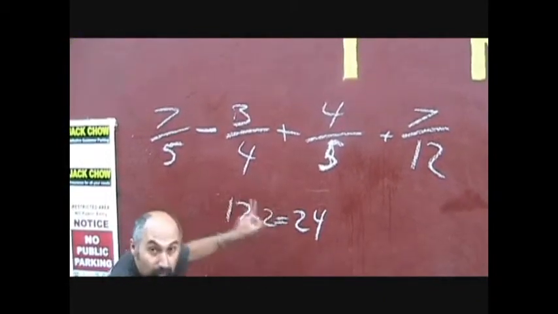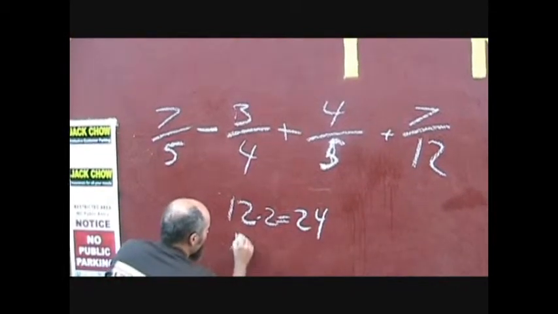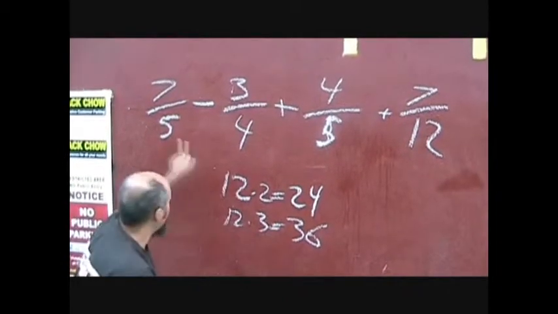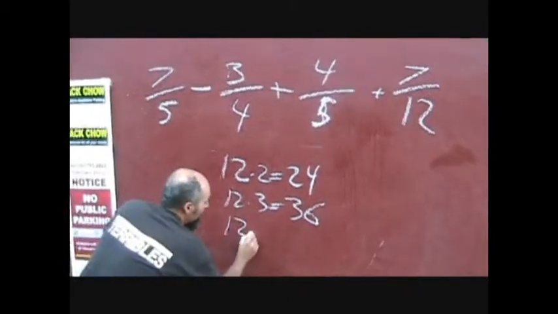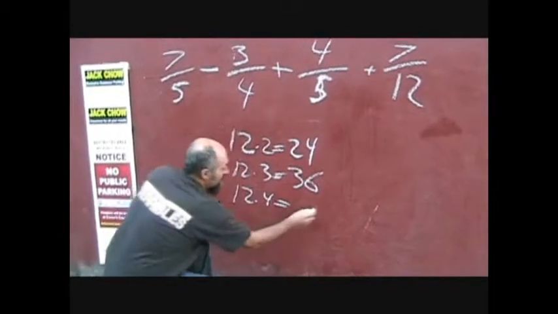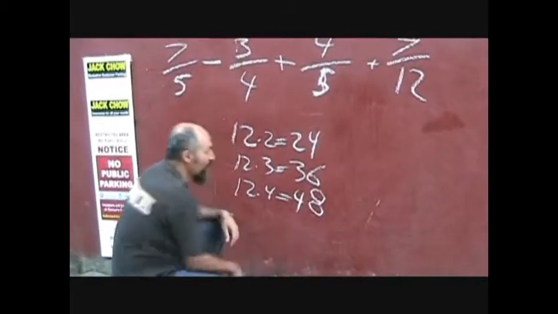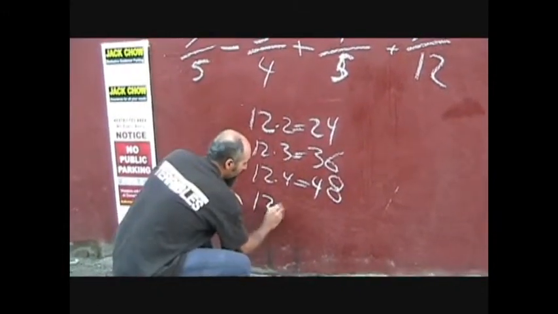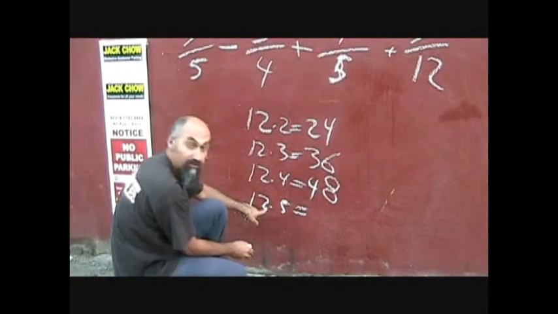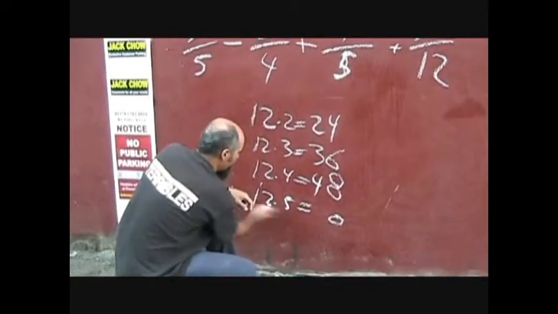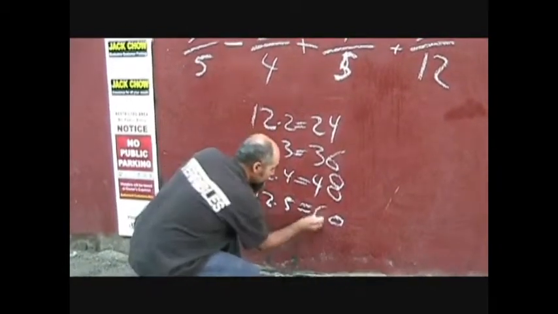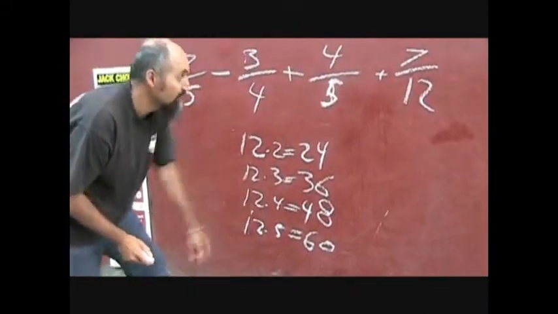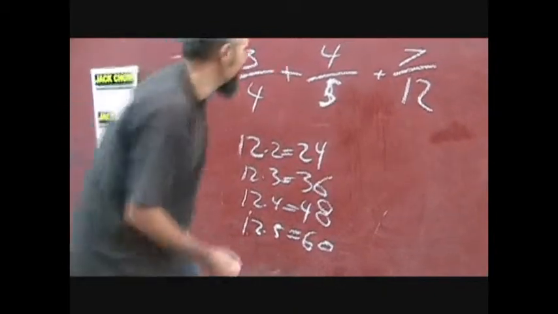No. 4 goes into it, but 5 doesn't, so you continue. 12 times 3 is 36. 4 goes into it, but 5 doesn't. 12 times 4 is 48. Obviously 4 goes into it, but 5 doesn't. So one more. 12 times 5 is 60. Now 4 goes into 60, 5 goes into 60, and 12 goes into 60. So your common denominator is 60.